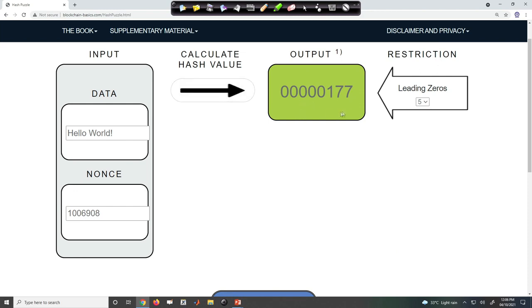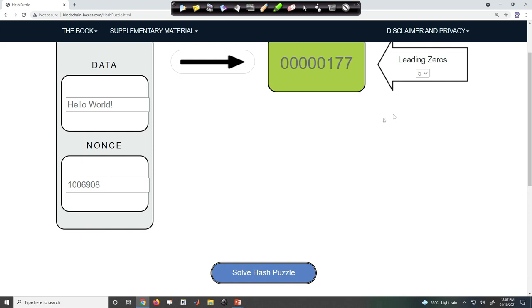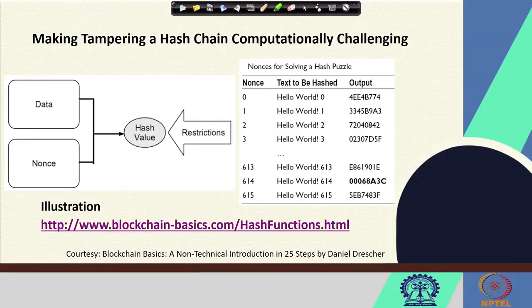So you see that there were 5 leading zeros as the restriction mentioned here, and we got a solution where there were indeed 5 zeros. You can try yourself by giving more leading zeros here, and you will see that the problem becomes more and more challenging computationally, meaning it is going to take more time.